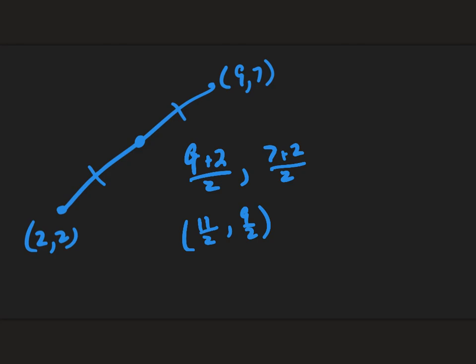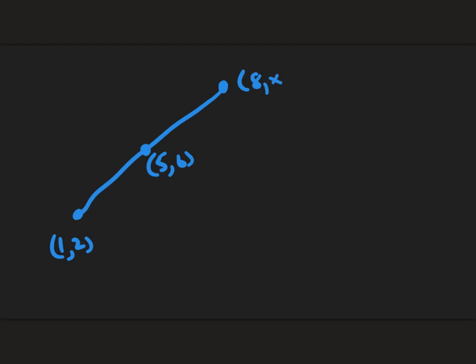Now, I could also be given this. What if I'm given the midpoint, but I have to be given one endpoint? What you have to remember, what if I'm given, I don't know, 1, 2, 5, 6, and then, I don't know, 8, x.